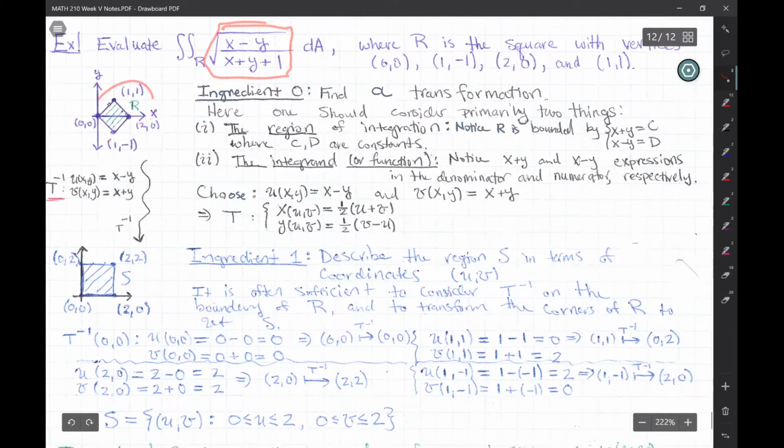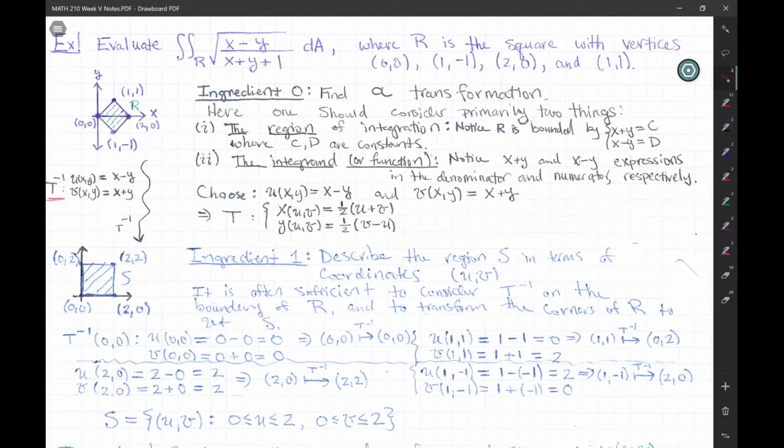Moreover, the region would have to be decomposed into two if we are going to bound this region with functions of x, or even if we choose to bound the region in terms of functions of y, we would still have to decompose it into two regions. So if we try to do this in the variables x and y, we're going to have a difficult time.